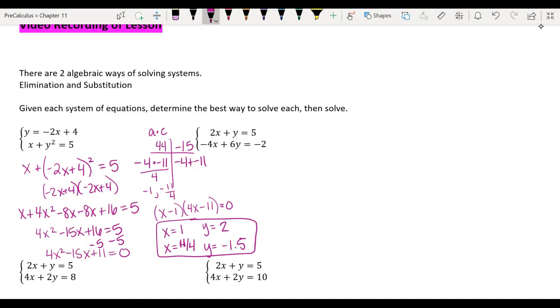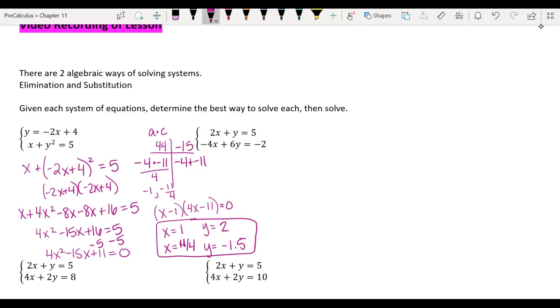All right, so when it is y equals, that's hinting that you should use substitution. Do any of these other ones have y equals? No, but you can make them. You could, but instead what I would do is use elimination.